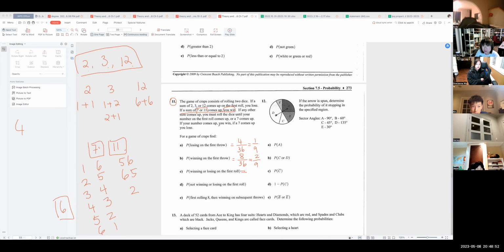If your number comes up, you win. If a 7 comes up, you lose. 好，这句话什么意思？就是说你在第一次扔2个骰子的时候，扔出来一个4。Because 4 is not in the category of 2, 3, 12, which is you lose, or 7, 11, you win.